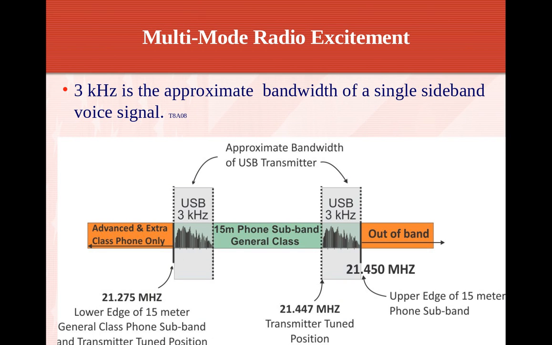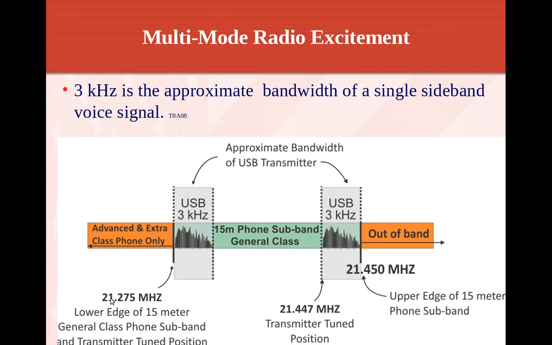So for example, you're on the 15 meter band, and if you're in the General class subband, you have a frequency range of 21.275 to 21.45. Now you have to keep in mind your sideband and where your tuning is.